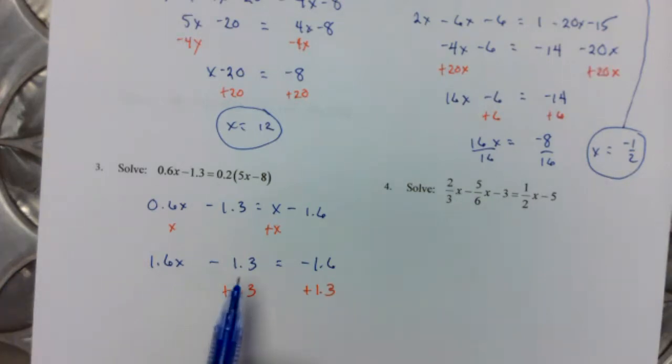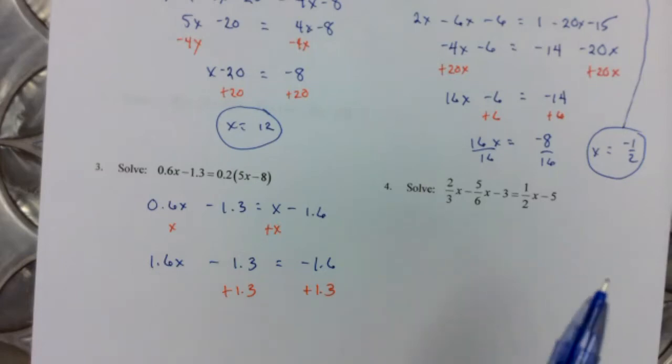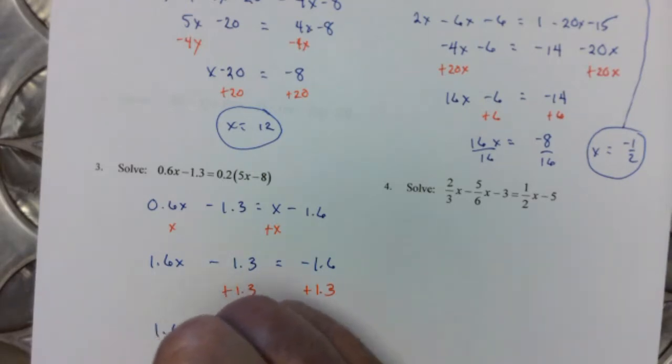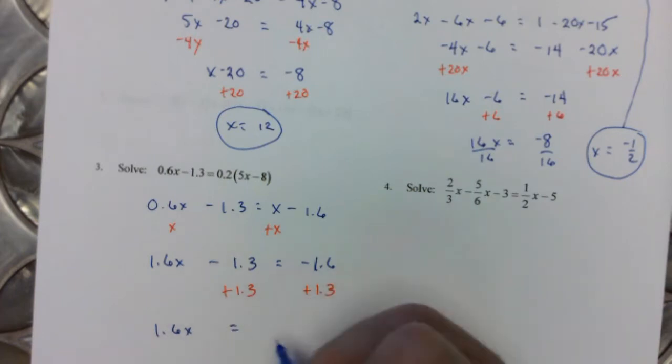Ryan, why would I multiply everything by 10? To get rid of the decimal points. Yeah, but I'm not afraid of decimals. 1.6x equals negative 0.3.